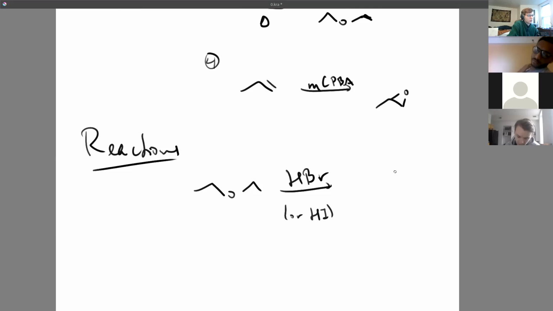Yeah, it cleaves it. I drew a symmetric molecule, but why don't I make it more interesting and make it asymmetric? So which side is the alcohol going to end up on? On the secondary side. What makes you pick that one?